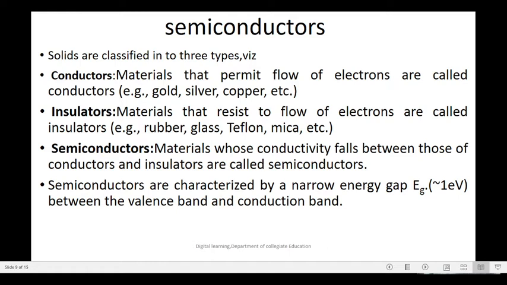Semiconductors are characterized by a narrow energy gap, e.g. 1 electron volt. Conductors have no energy gap, that means the two bands overlap. In insulators, the gap between the valency band and the conduction band is very large. Semiconductors are materials whose conductivity falls between those of conductors and insulators.